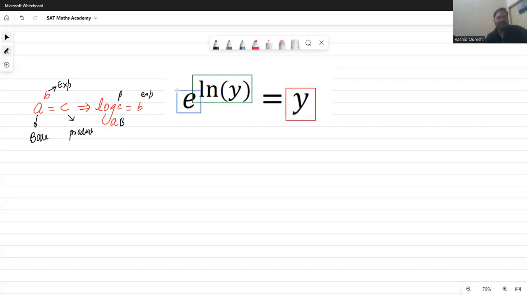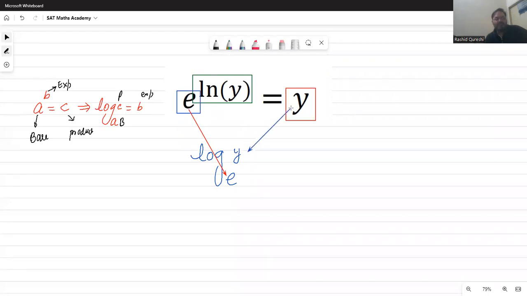Is it clear? So the same rule you have to apply over here. What's the rule? You have to apply log, am I right? The base term will be over here. With the help of, suppose, red, this base will be over here. And this term becomes y over here.